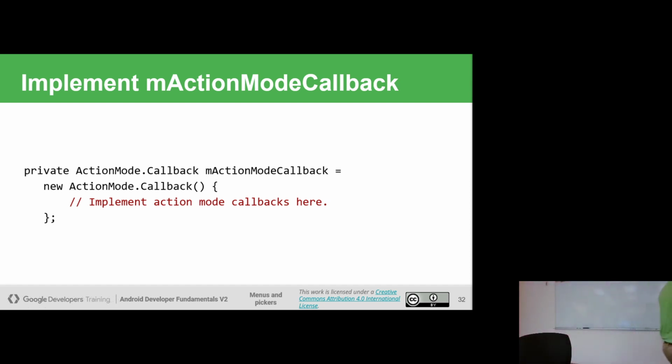Okay, so I'm going to create that instance variable, and I'm going to say new action mode callback, right? So in this case, I'm saying new well something. What is action mode callback? Is it a class? So I do end up with an object.